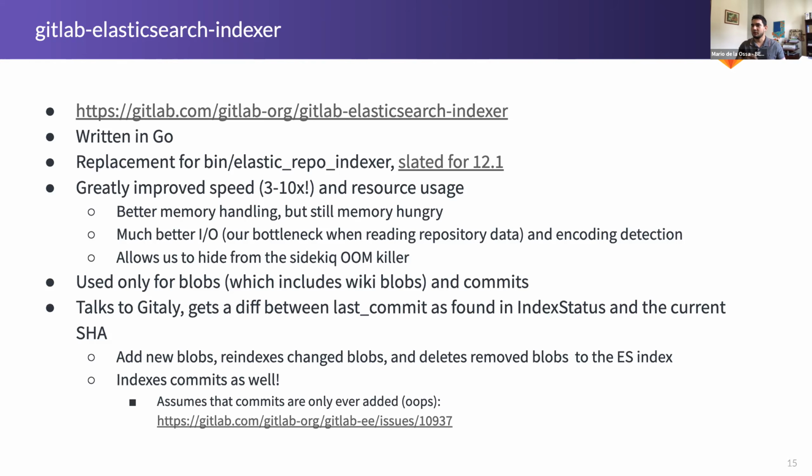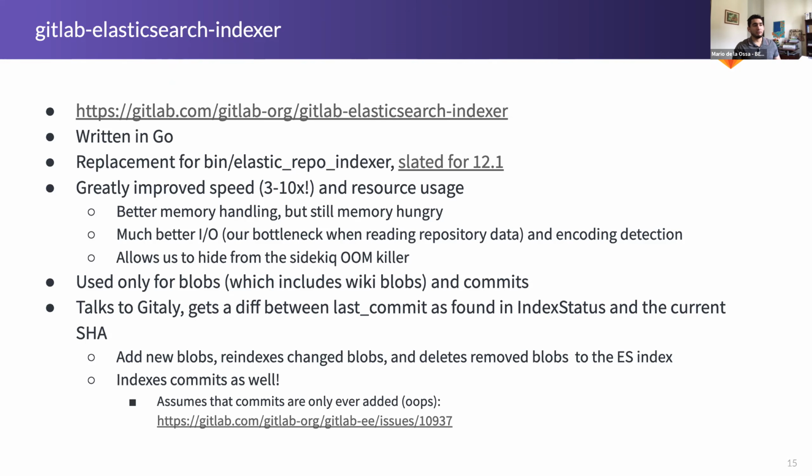So since it gets pulled from Sidekiq, and it's a Ruby script, it shows up as part of how much memory that worker is using. And so Sidekiq actually has a limit of how much memory we can use, and we start getting killed by the out-of-memory killer. So by pushing this off to another process entirely, we can hide from that, and so we can use as much memory as we actually need to.